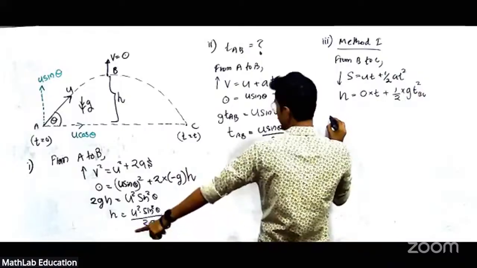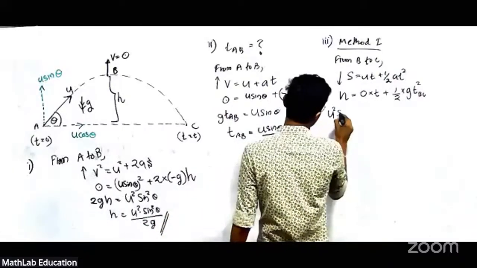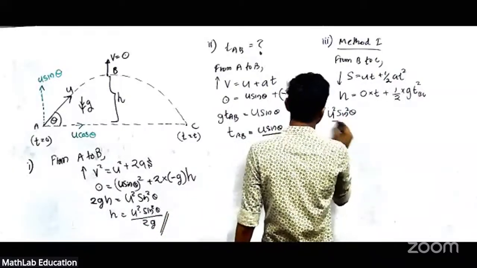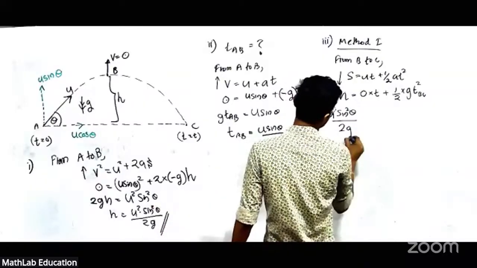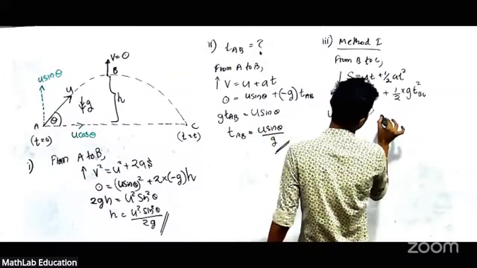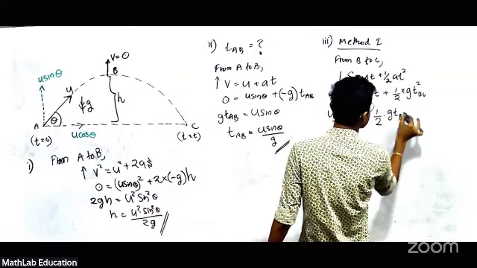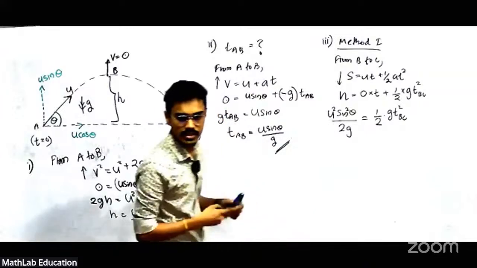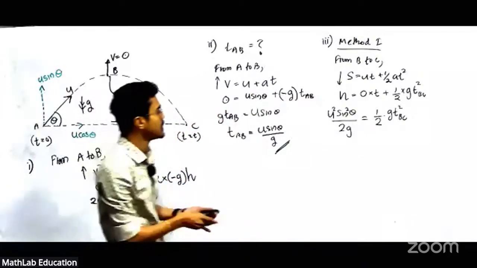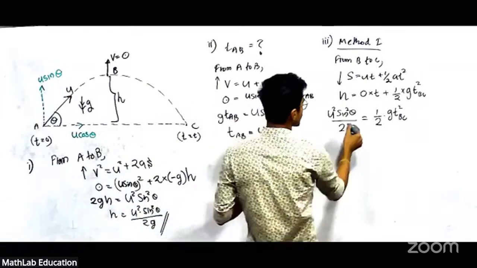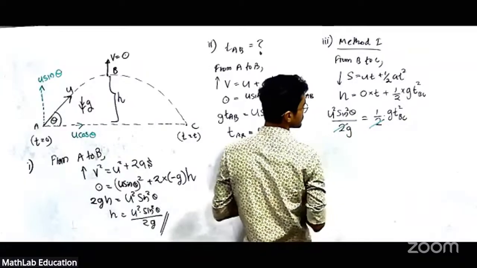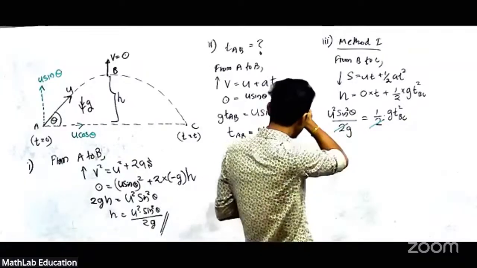Because H is not given, but H is u squared sin squared theta over 2g. From this side I have half g t BC squared. We can simplify this. The 2 cancels, 2 to 2 cancels.